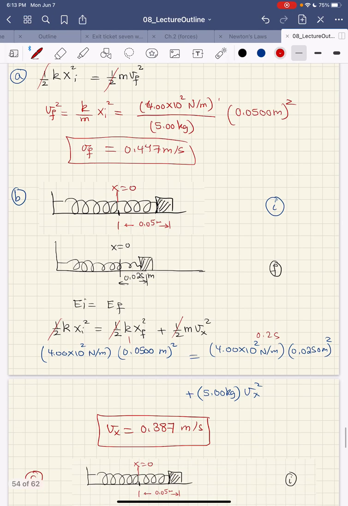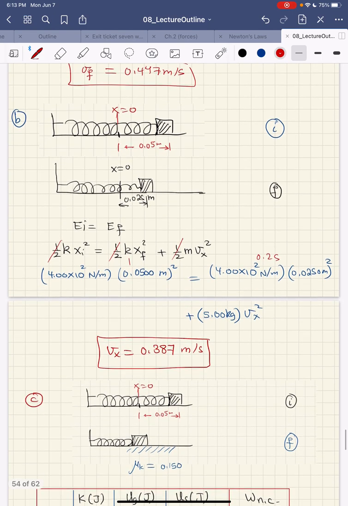This is the reason why I will write 1/2 k xi squared equals 1/2 k x final squared, where x final here is 0.025, plus 1/2 m vx squared. And from that, I can get my vx to be 0.387 meters per second.